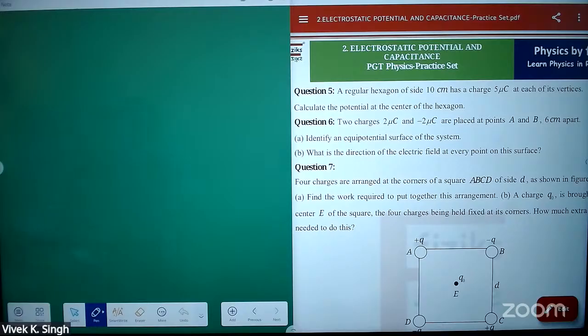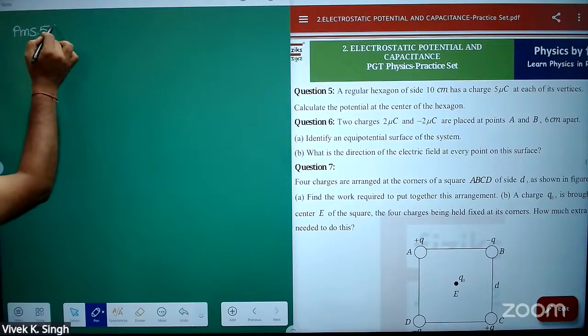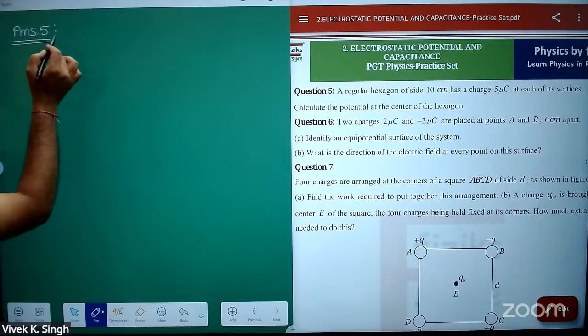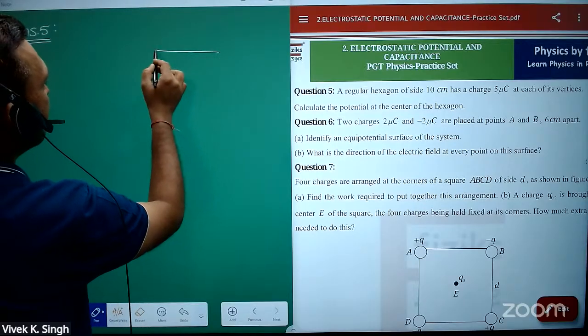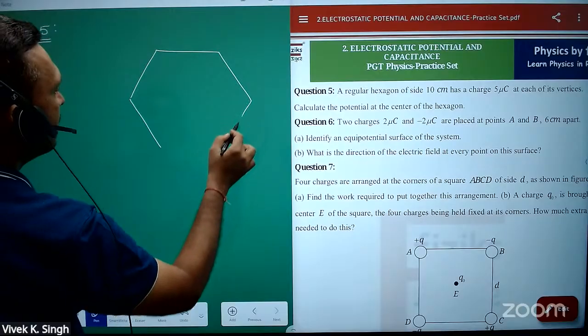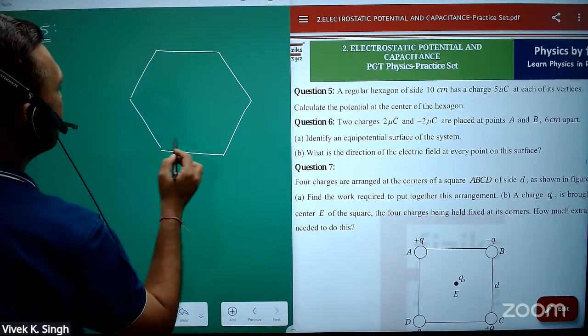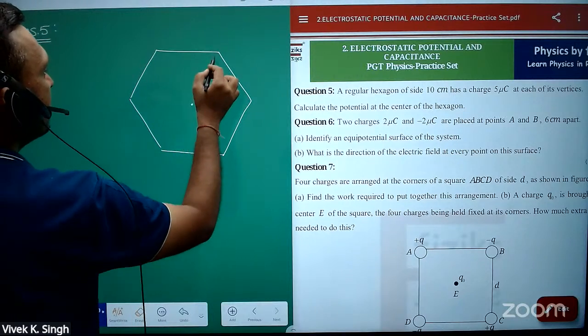So let's see. You have to find potential due to individual charge. So consider this hexagon, and this is the center.